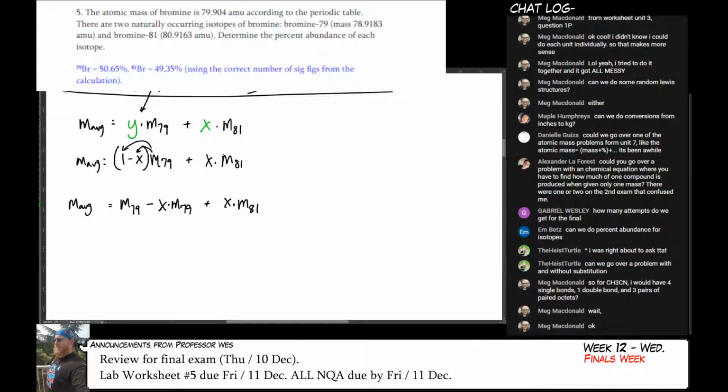Now what I'm going to do is move this guy over here, and I'm going to switch these two terms so I have the minus on the right. This is just to make it neater. So M average minus M79. And I'm doing that to get all the stuff that doesn't have X on the left, leaving only the stuff that has X on the right.